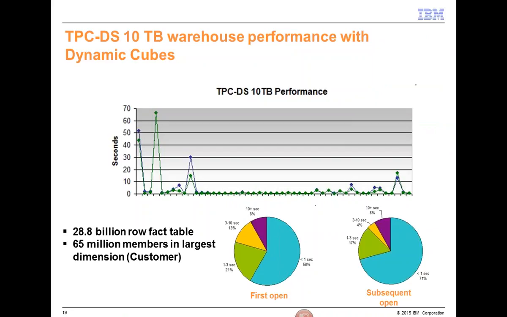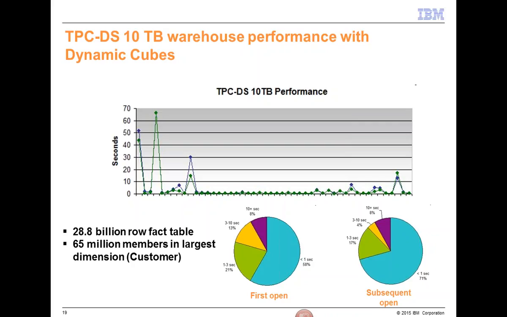I want to show you an example of a big data warehouse, about 10 terabytes, tied with dynamic cubes. If you look at this, there are 28.8 billion row fact tables, and you have 65 million members in the largest dimension, which is the customer dimension.